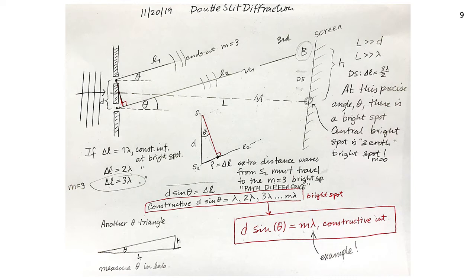Okay, so that line segment is perpendicular. I'll put a little right angle symbol here. Now that forms a right triangle over here.